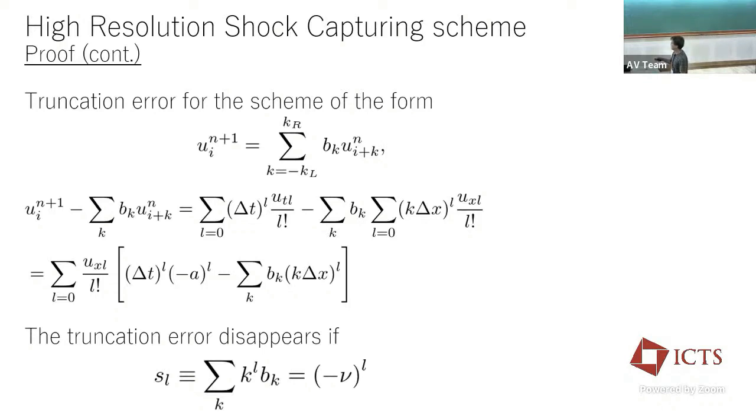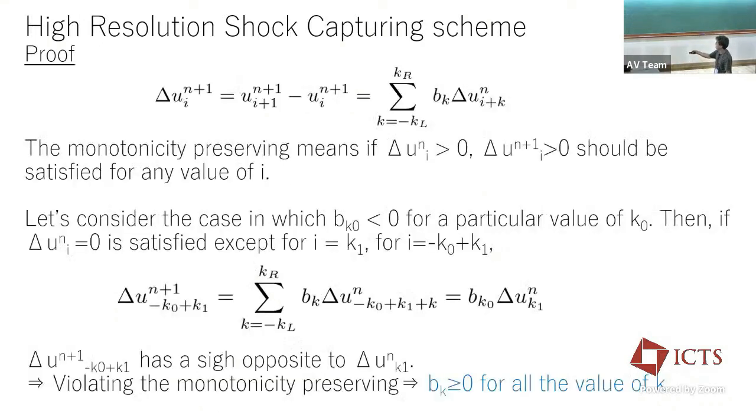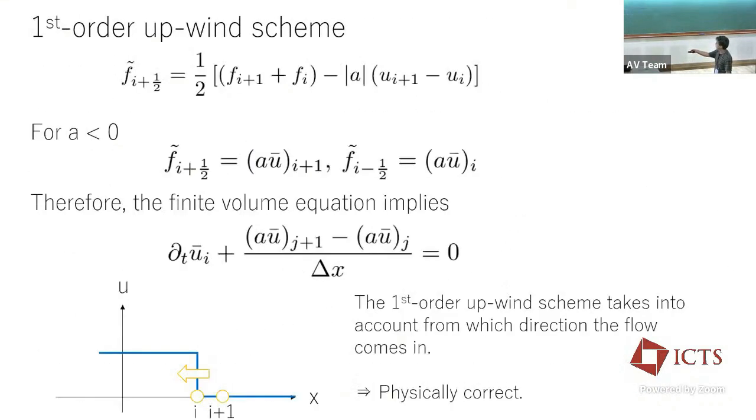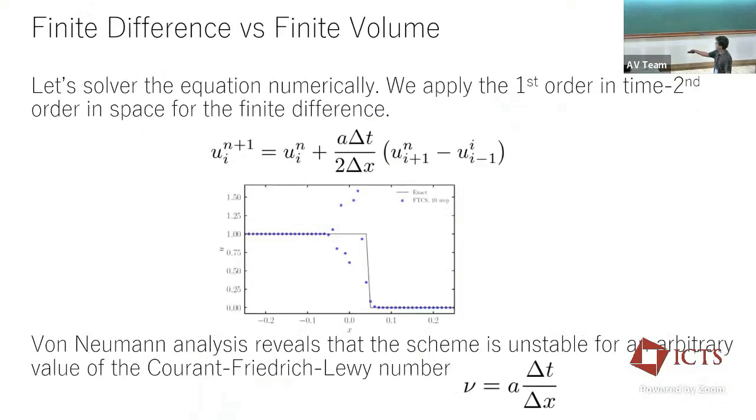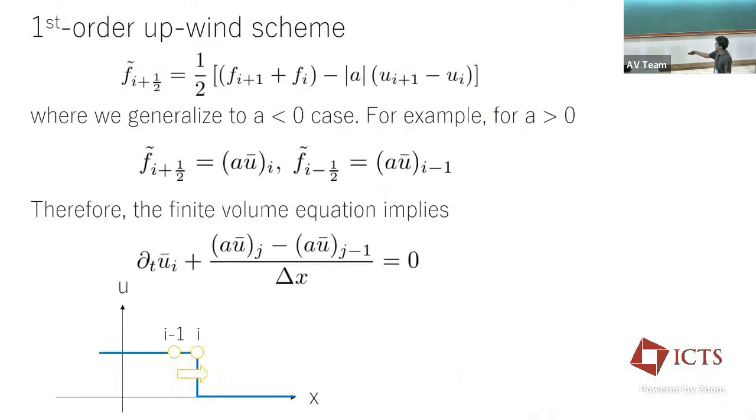So the truncation error disappears if S_l is defined by the sum of these terms. It is equal to minus nu to the power l, where nu is the CFL number as I explained here. It is given by a times delta t over delta x, right?